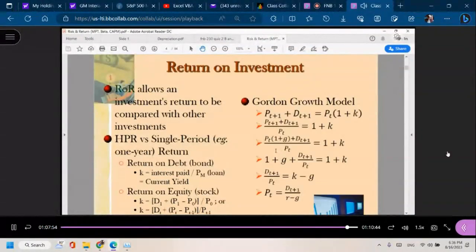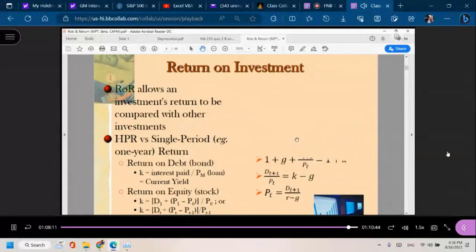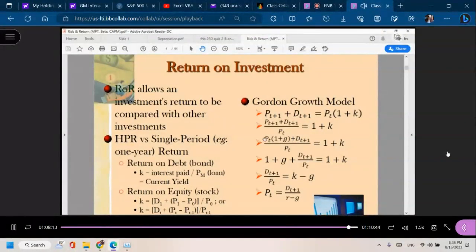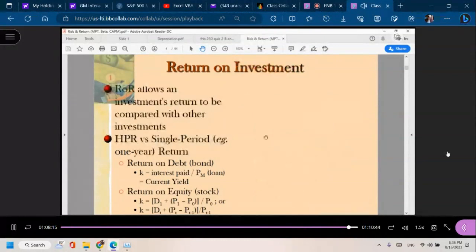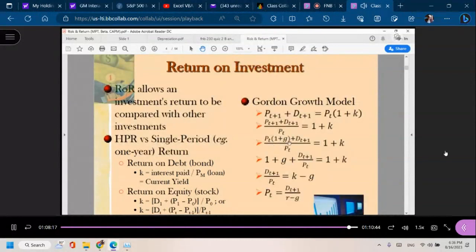So you get that. Then we can distribute this, and it's going to be Pt plus Pt times g. If you multiply this, it's going to be Pt and Pt times g.